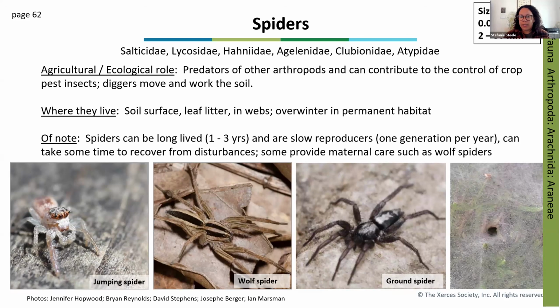And these spiders are actively hunting. And so they do have these more visible, larger forward-facing eyes. We really see that well in the jumping spider here. This wolf spider too, you can see just on top of the head, 2 eyes at least there as well. Similarly with the ground spider, but it's not as easy to see in this photo.